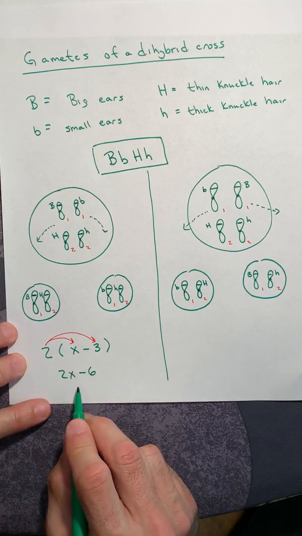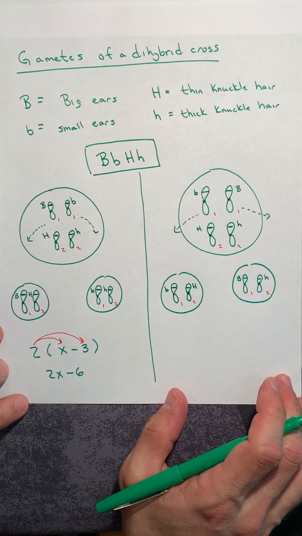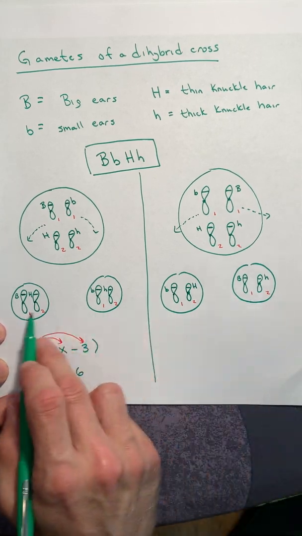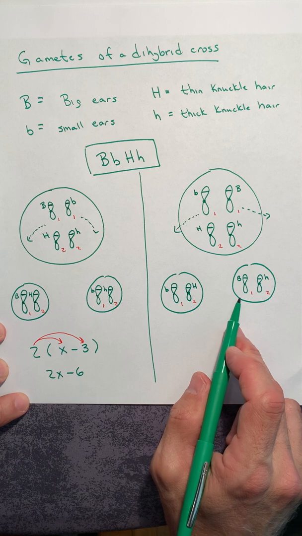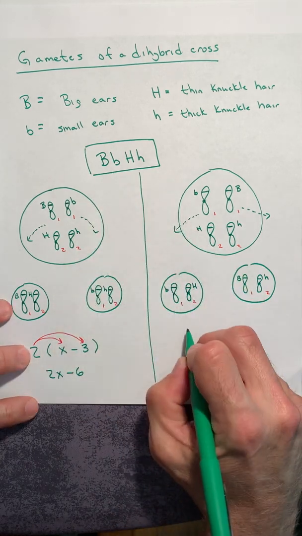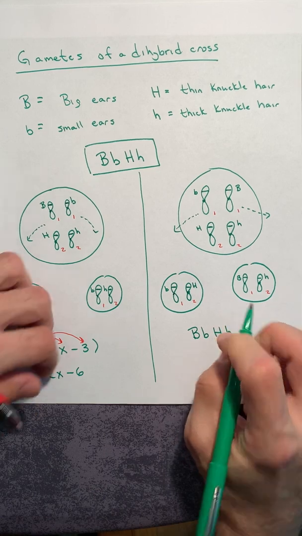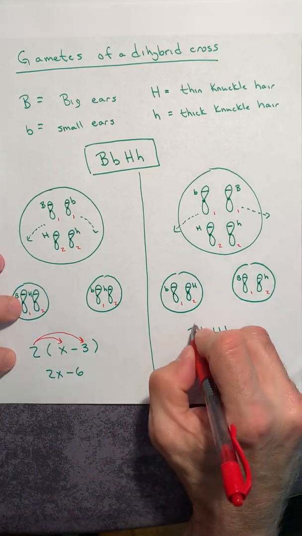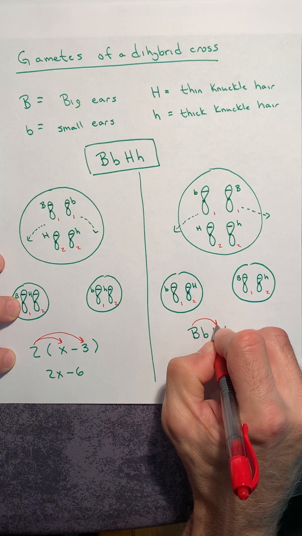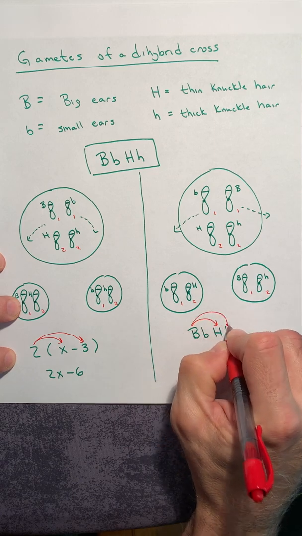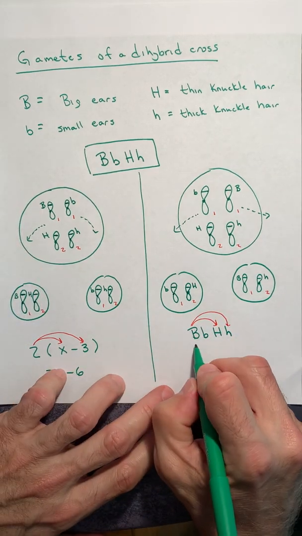You agree? Okay? When you're trying to figure out what alleles are offered to the offspring in a dihybrid cross, you go back to what the parent offers, big B, little b, big H, little h. And what you do is you distribute. You go like this and like this. So what could I offer Emily?